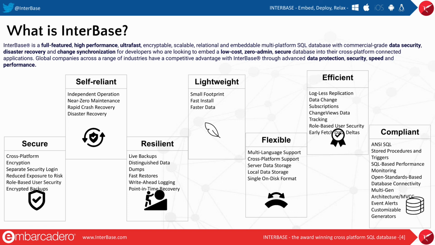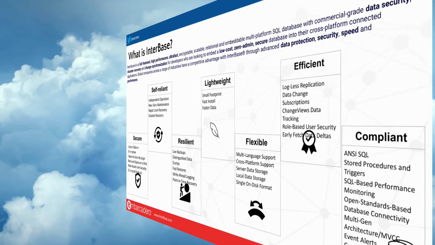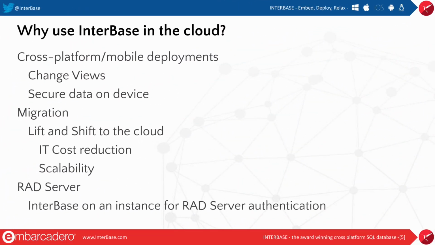Being able to set up and run InterBase easily in the cloud, as you've been able to see today, to add that power of change views alongside existing infrastructure that you might already have in the cloud or are moving to the cloud, is a phenomenal option to help in terms of the scaling and the distribution and management of delta and changes out to remote destinations.